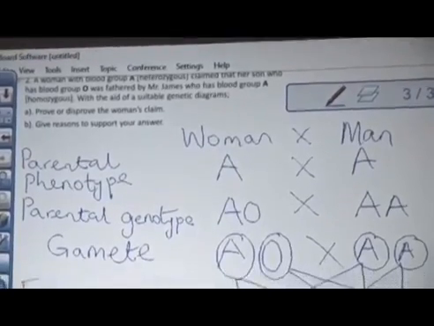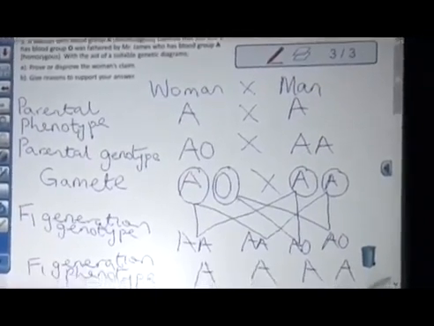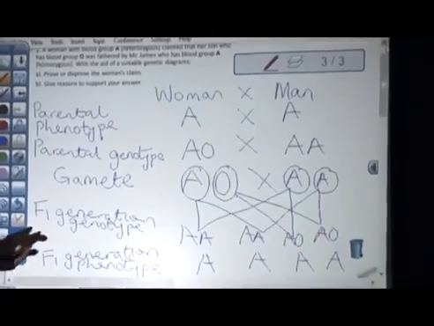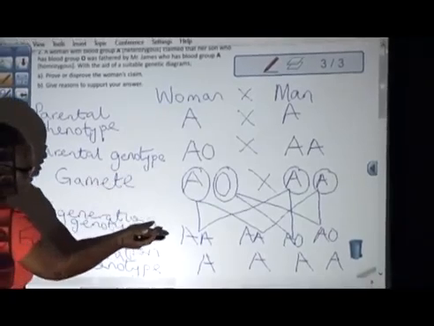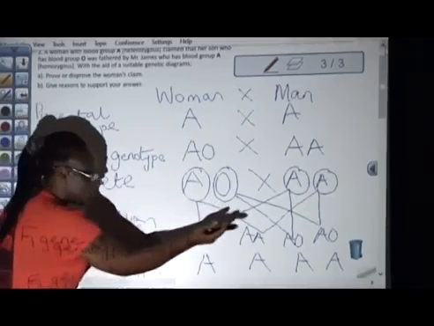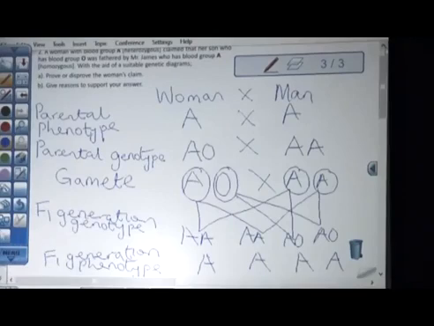Mr. James is not the father of the child. Give reasons. When you look at it genotypically, we have two homozygous A and two heterozygous A. All these give us blood group A. That means the woman's claim is wrong.